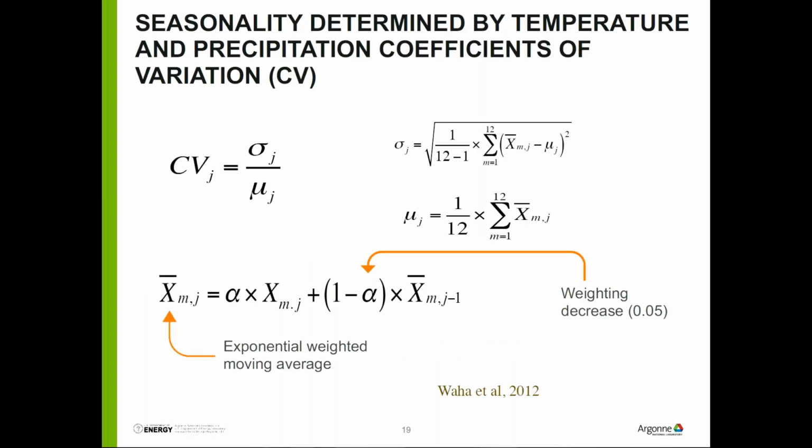So the way that we figure out seasonality is by looking at coefficients of variation. And I'm not going to go through these equations because they're pretty straightforward. But what I wanted to mention is that instead of using just a straight up average temperature and average precipitation, we're using an exponential weighted moving average.